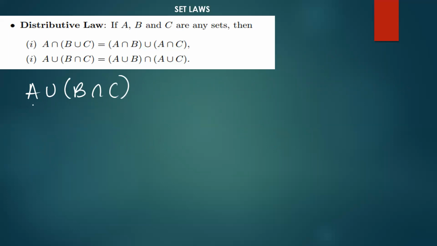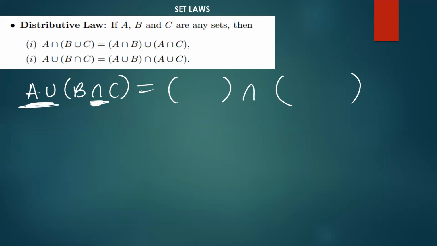You can see that A union is common there. So I'm going to write my A union, or if I want, I can do the simplest and easiest way. I'll just open 2 sets of brackets, then I'll get the symbol which is in brackets there in between. I'll write it there, and then I'll also open another set of brackets.